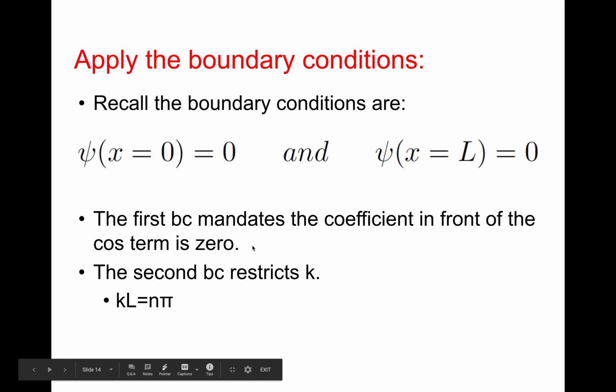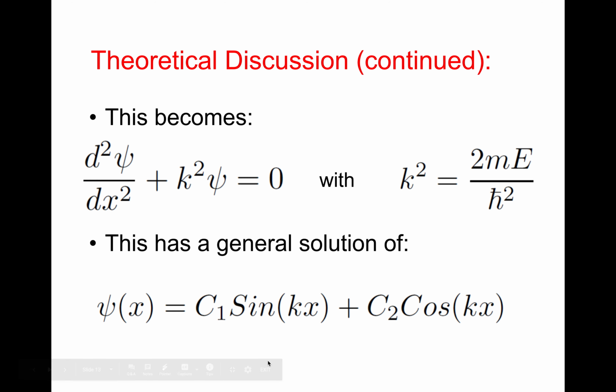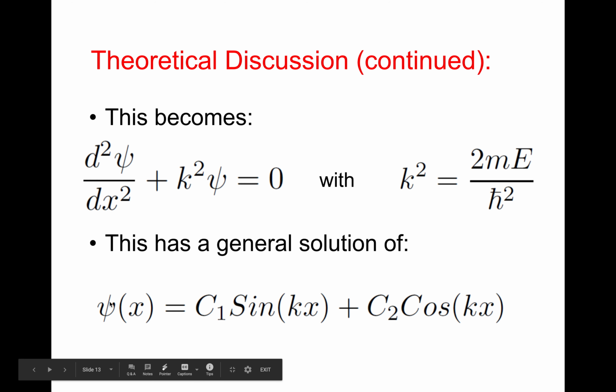Let's consider the first boundary condition. The wave function goes to 0 at 0. That mandates that the constant in front of the cosine term becomes 0. Let's scroll back and see why. We're back here. Psi of 0 equals 0.